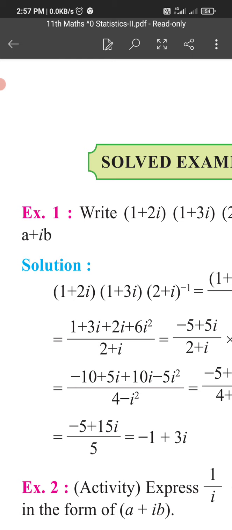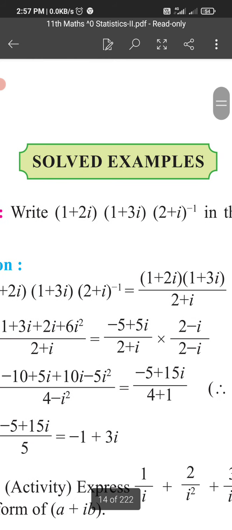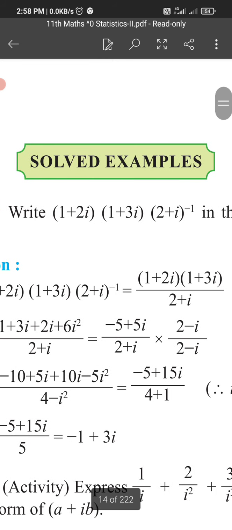A raised to minus 1 can be written as 1 upon A. So same thing here: (1 plus 2i)(1 plus 3i) divided by (2 plus i). Then we solve the bracket: 1 into 1, 1, 1 into 3i, 3i, 2i into 1, that is 2i, 2 into 3i, 6i square, upon 2 plus i. 1 minus 6, that is minus 5, plus 5i upon (2 plus i).